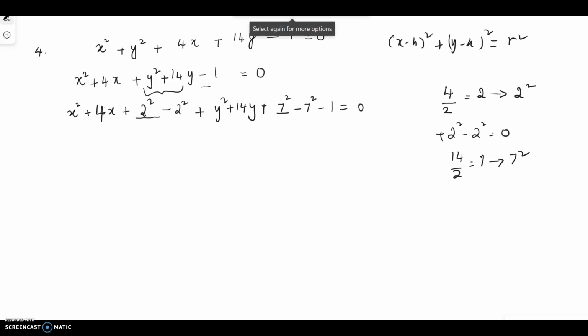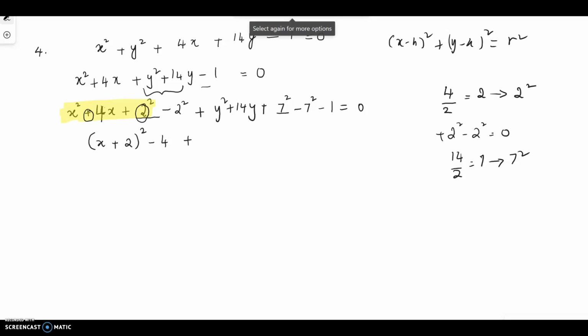Now, when you take the first 3 terms, remember that these 3 form a perfect square. That is (x plus 2) squared, notice the sign is a plus, minus 4.